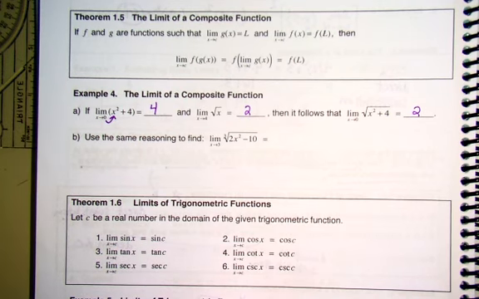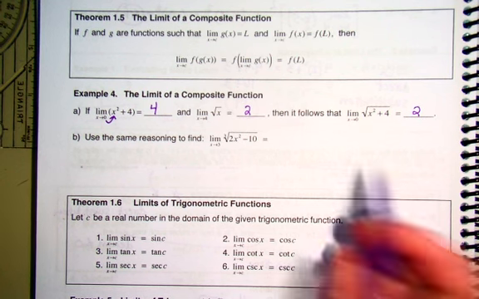Use the same reasoning to find the limit as x approaches 3 of the cube root of 2x squared minus 10. Go ahead and try it. Tell me what you get. Are you just doing direct substitution, or are you actually decomposing?